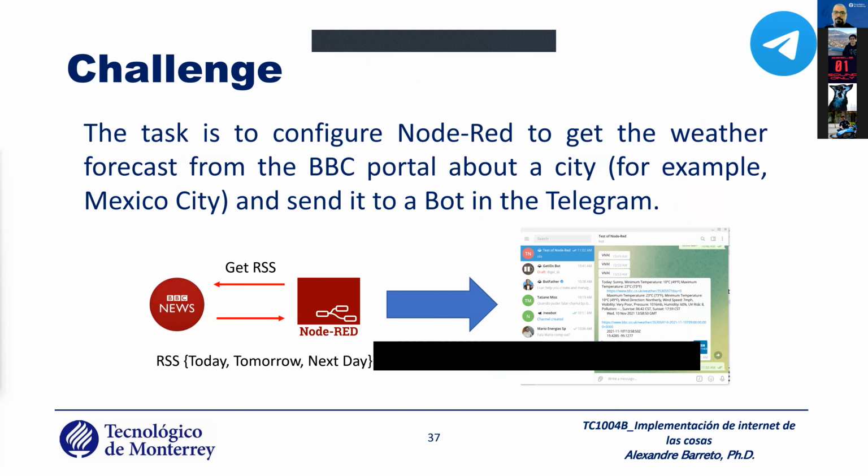What you do is consume the BBC News. Get the RSS feed from the BBC News using Node-RED, and send this information to a bot in Telegram, okay?